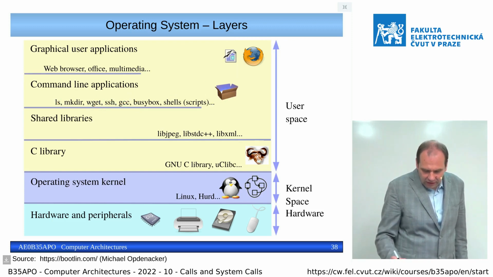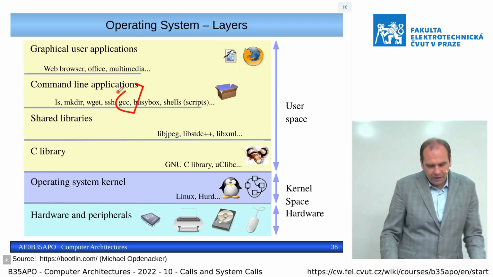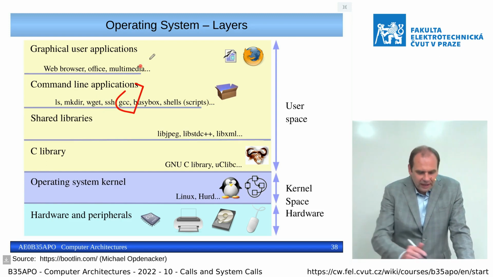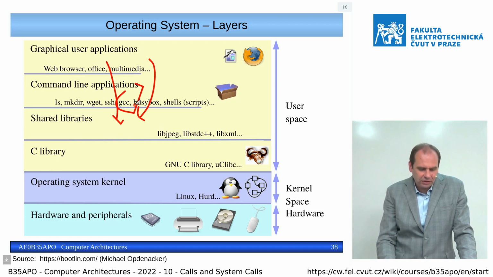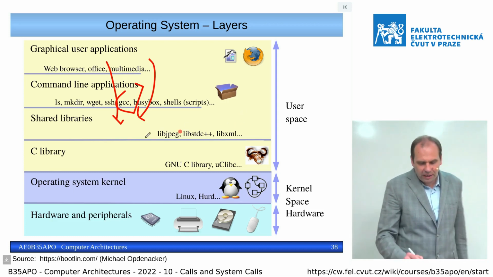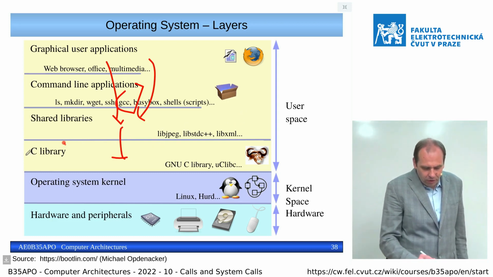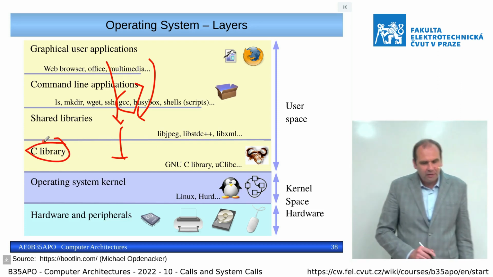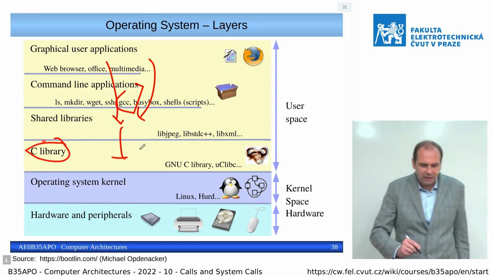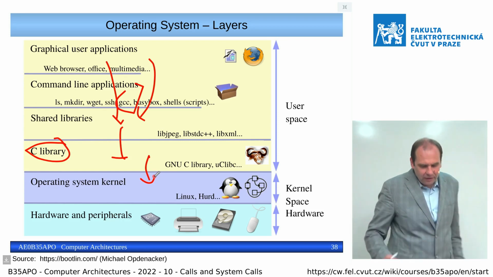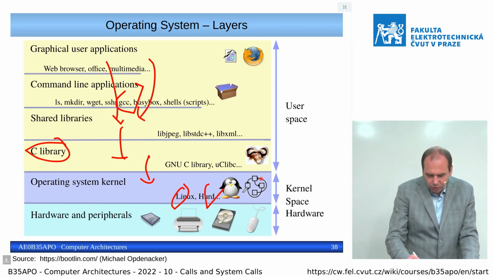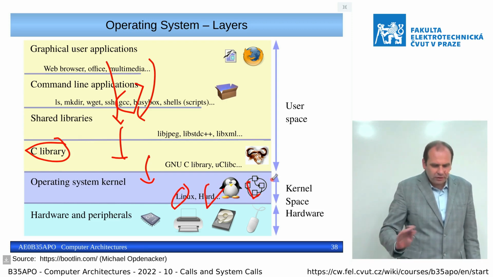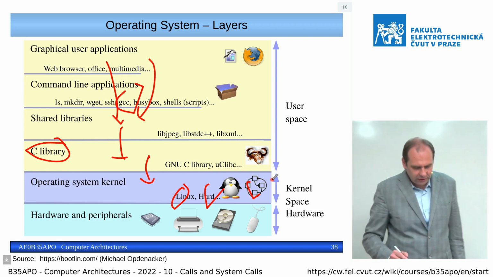Those are the standardized lower level functions. All those use shared libraries or other libraries. Then the library calls the standard C library, which provides a runtime environment. This library then passes a request to the operating system kernel, which can be Linux, HURD or BSD. It works the same way on Windows as well.